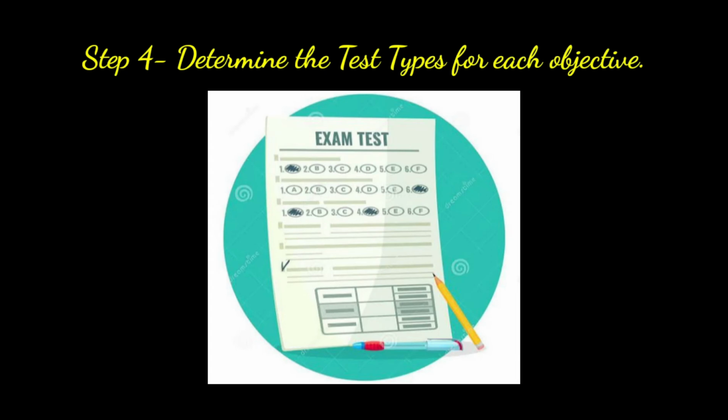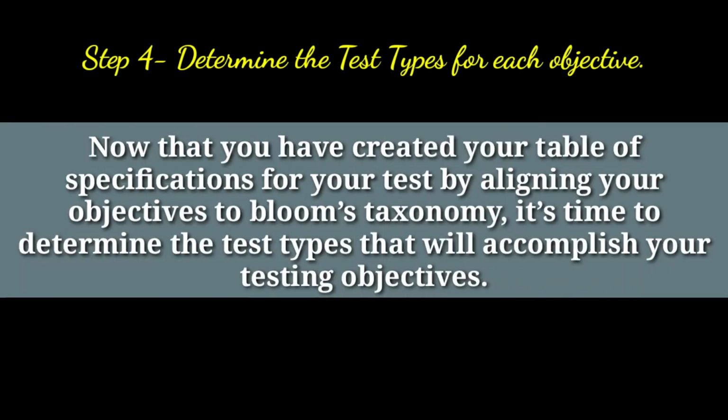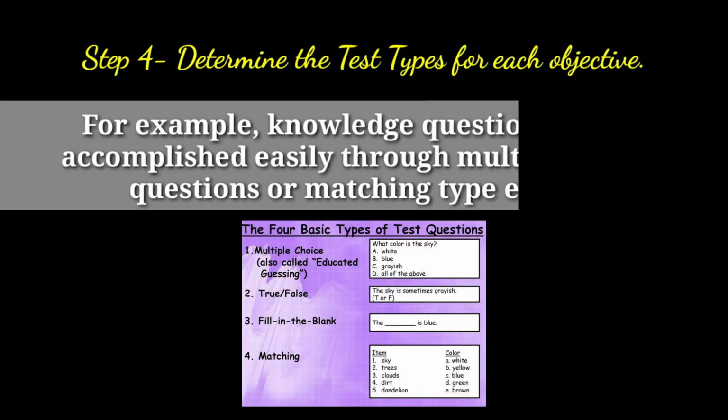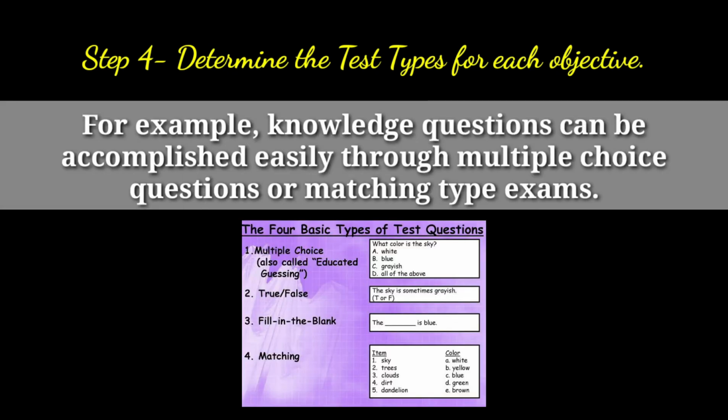Step 4. Determine the test types for each objective. Now that you have created your table of specifications for your test by aligning your objectives to Bloom's taxonomy, it's time to determine the test types that will accomplish your testing objectives. For example, knowledge questions can be accomplished easily through multiple choice questions or matching type exams.